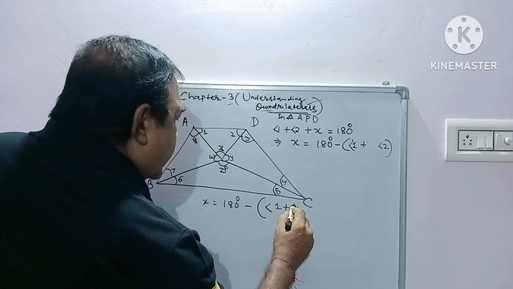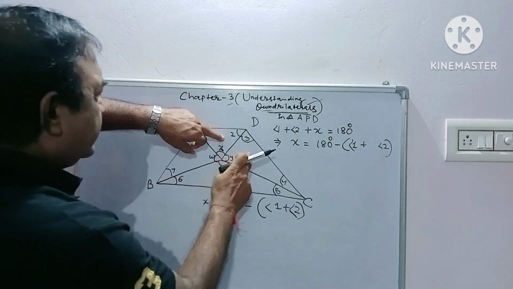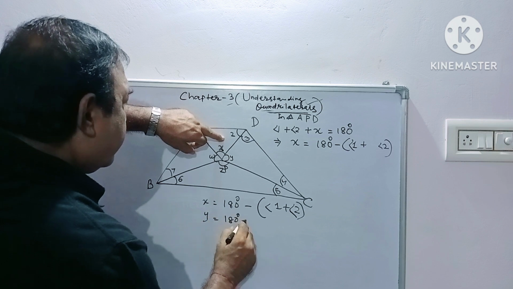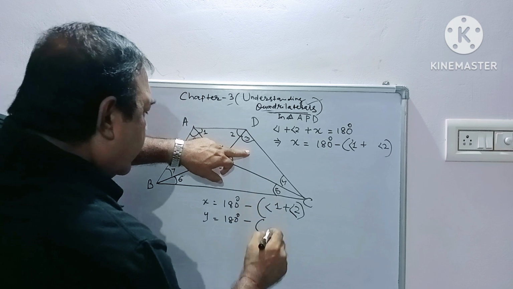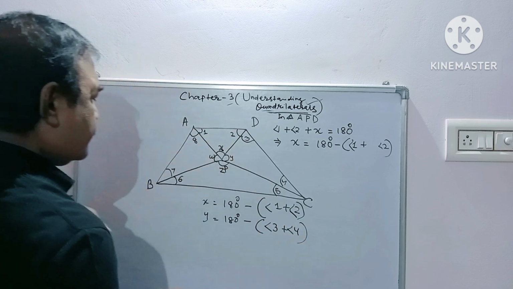For this triangle, I can also write 180 degree minus angle 3 plus angle 4.